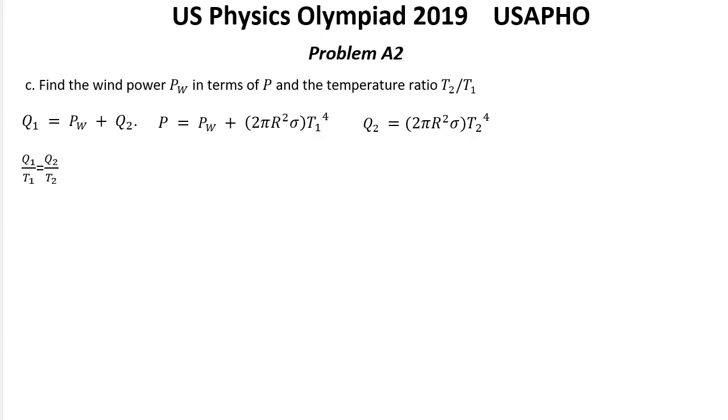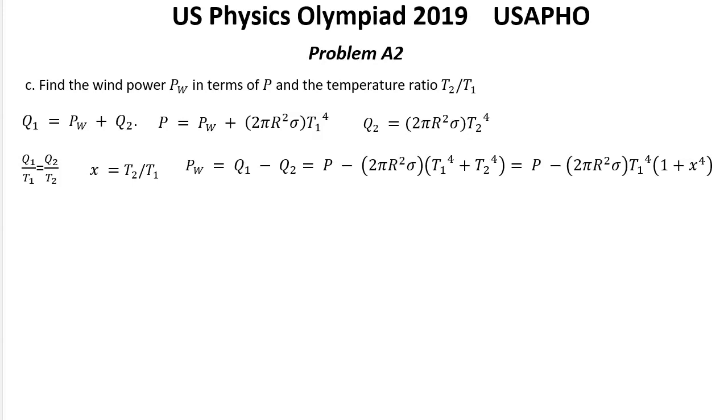By combining all these equations and using the definition x equals T2 over T1, we have Pw equals Q1 minus Q2, or P minus 2 pi r squared sigma times T1^4 times (1 plus x^4).